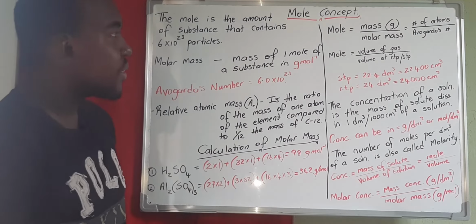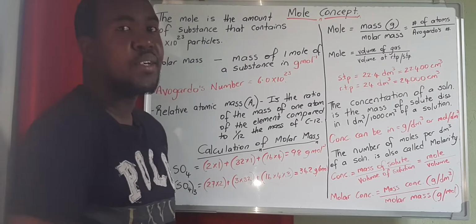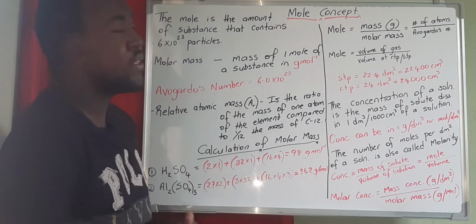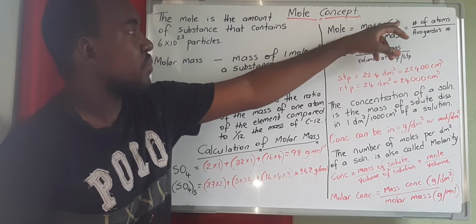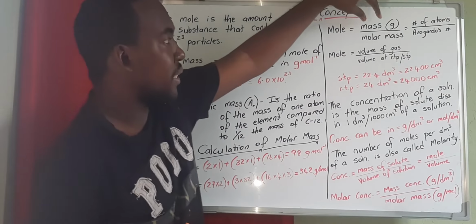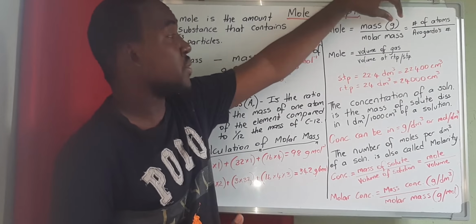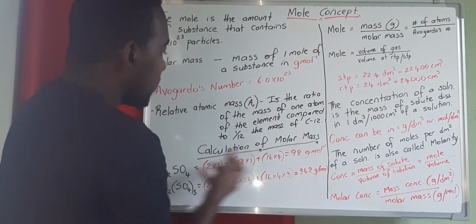Let's look at some equations that we're going to use when calculating the moles of substances. Mole is equal to the mass in grams, so you have to ensure that the mass of the substance is in grams, over the molar mass, which we just found.